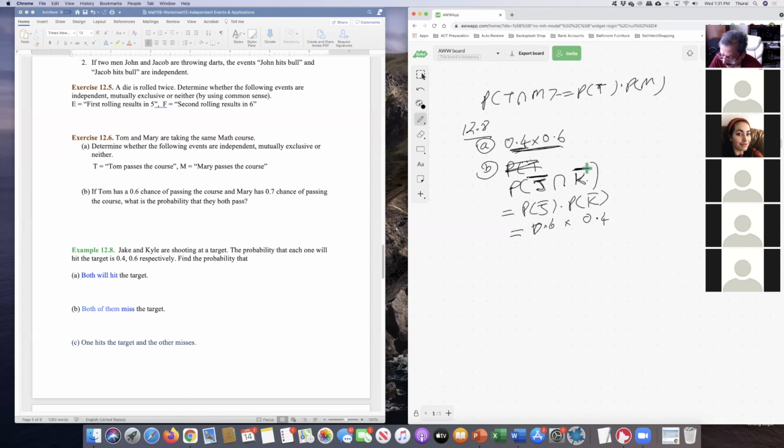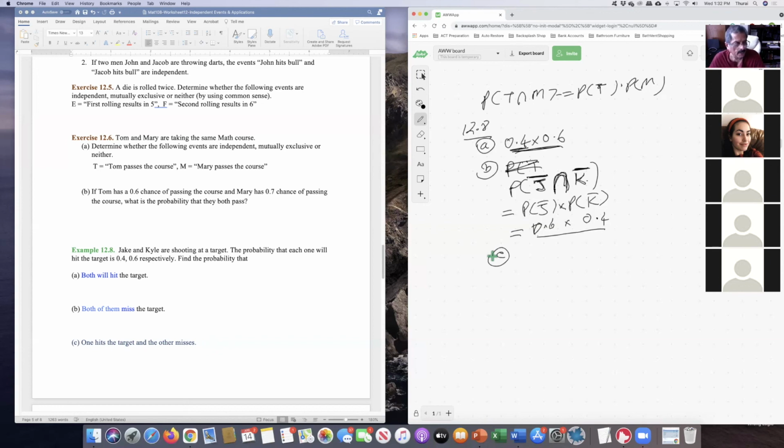Okay, and we want both to miss, meaning J bar and K bar should happen, intersection. Are you following me? Yes, Professor. Okay, so since they are independent, the product will give you that probability. So multiply these two. Part C, one hits the target and the other misses.